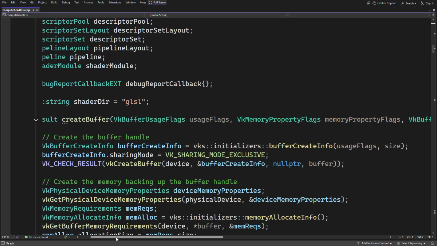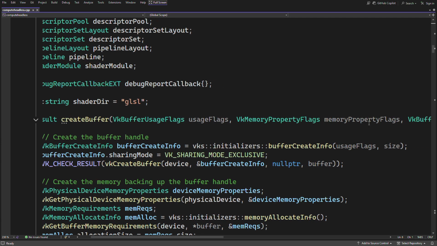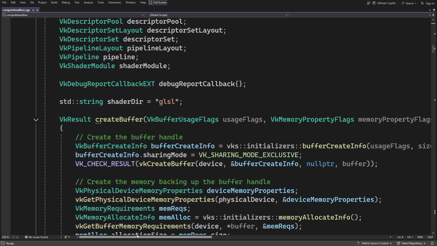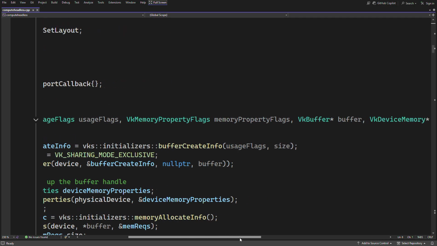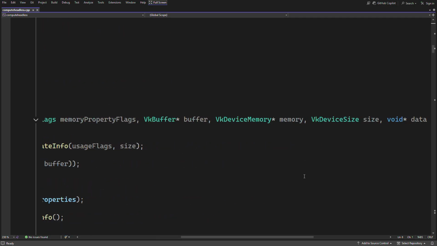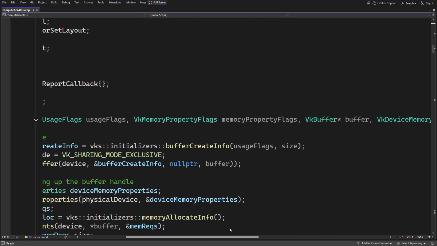So this create buffer function has memory property flags. Notice the signature: we have usage flags, memory property flags, the buffer itself, memory, all of that good stuff.